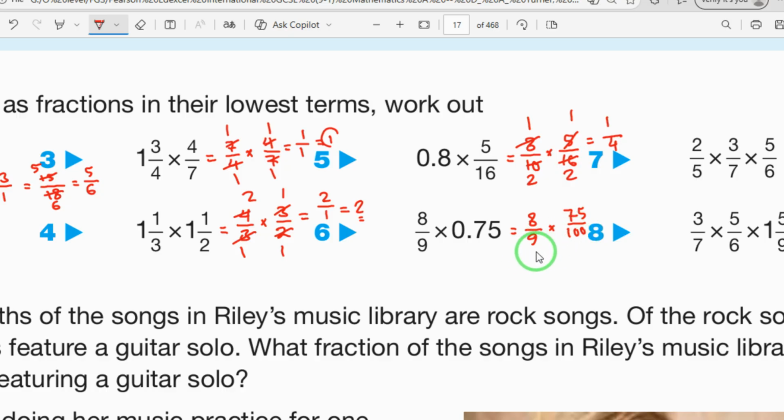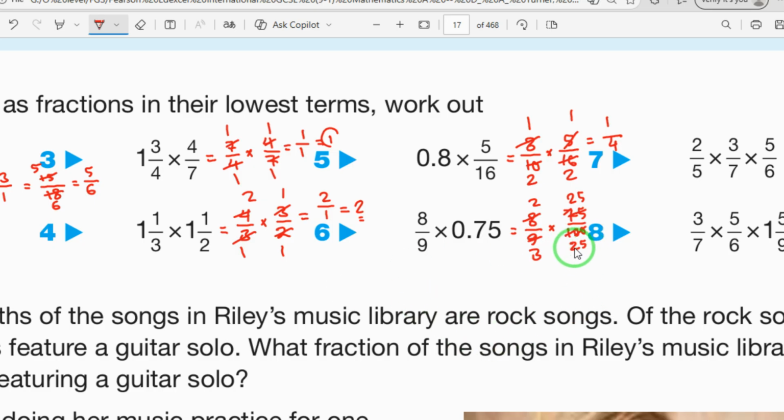For example, here 3 times 3 is 9, 2 times 3 is 6, and we have 1. 5 times 3 is 15. And also we can simplify here. 2 times 4 is 8, 2 times 4 is 8, and 5 times 4 is 20.